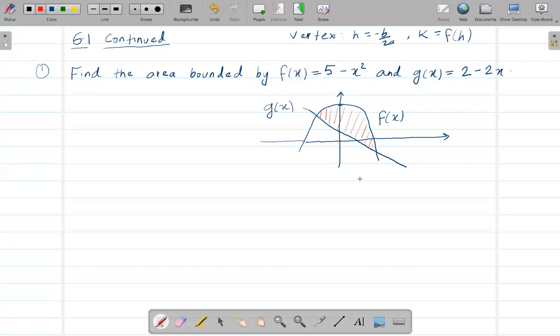All right, now the problem is, yeah, we can write the integral from, well, that's the thing. What is the interval?